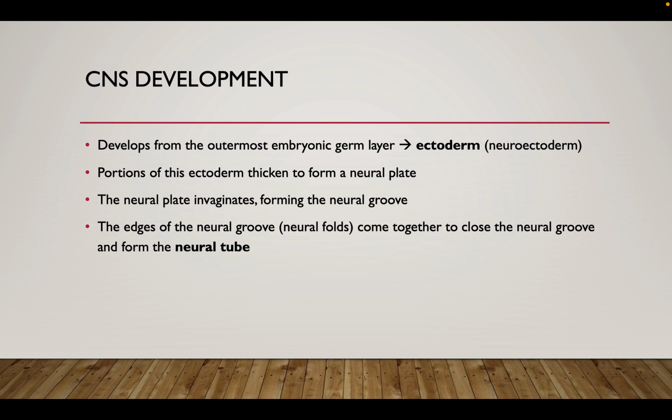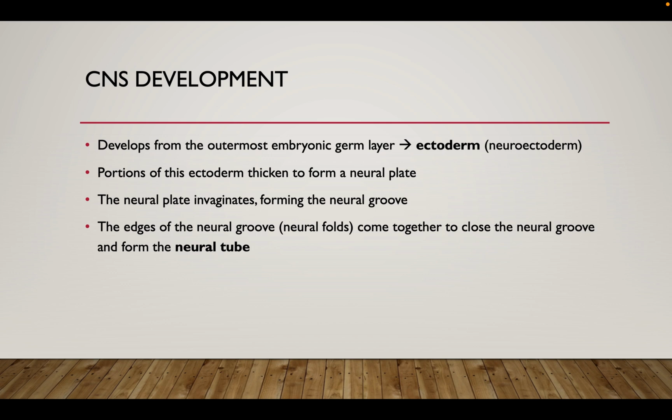Within this ball of cells, which is termed a blastocyst, you get the development of embryonic germ layers. You have an ectoderm, a mesoderm, and an endoderm. Each of these embryonic germ layers further differentiates, and the cells divide and become the different structures that we see in our adult form.